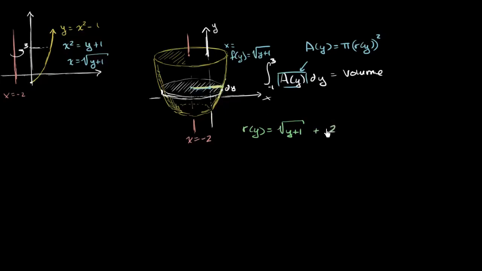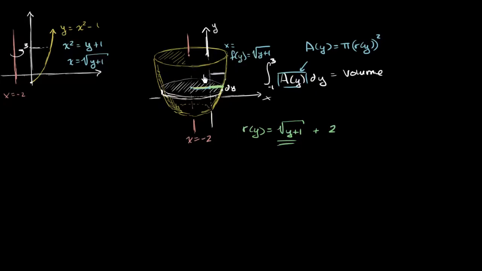So plus 2. Another way of thinking about it, you get an x value here, and from that x value, you subtract out x is equal to negative 2. And when you subtract x is equal to negative 2, you're adding 2 here. But hopefully this makes intuitive sense. Let me do this in a better color. This distance right over here is the x value you get when you just evaluate the function of y.